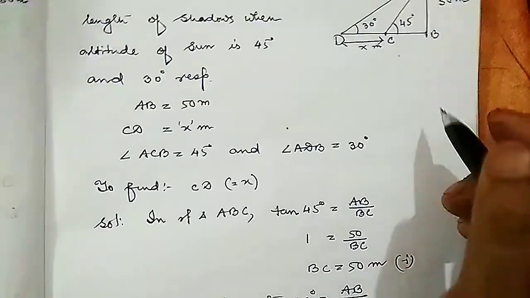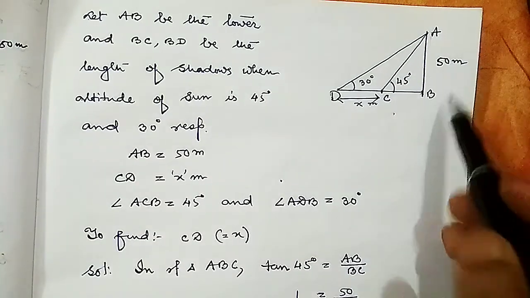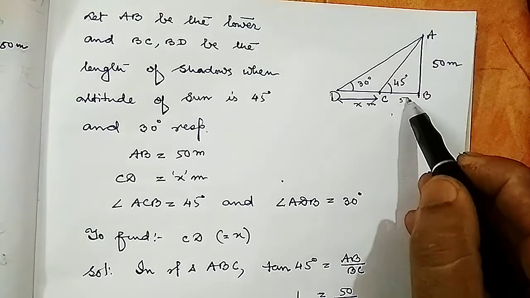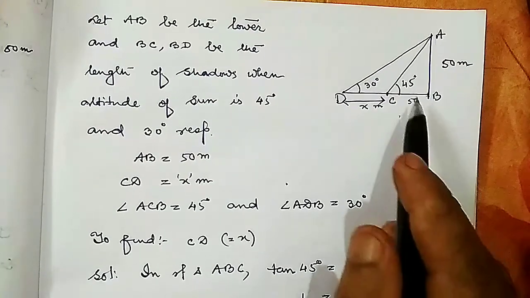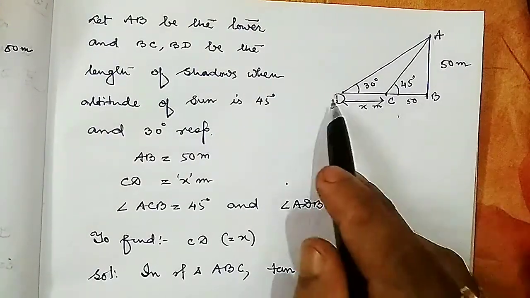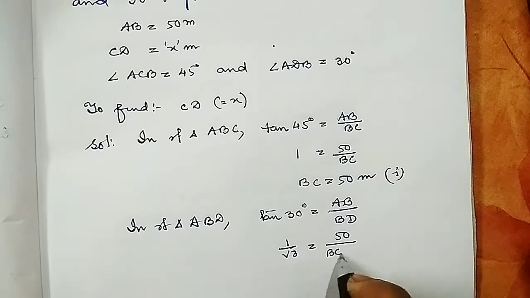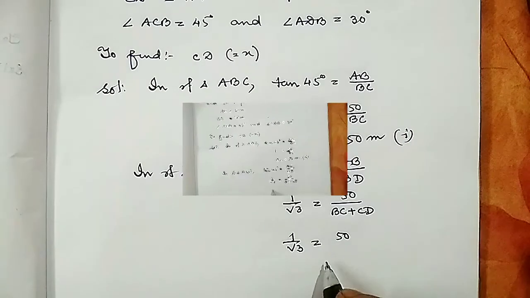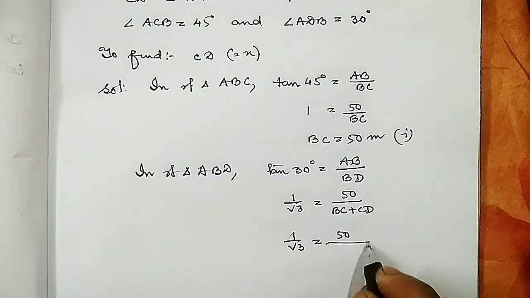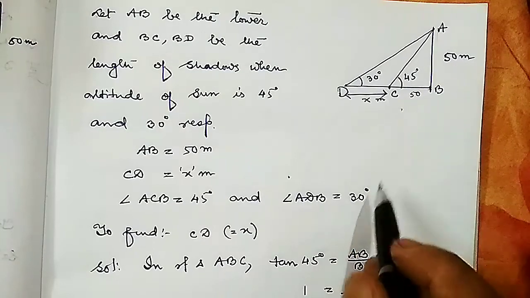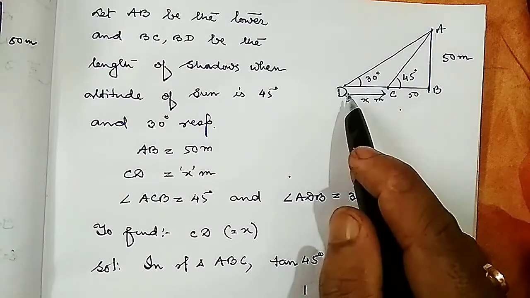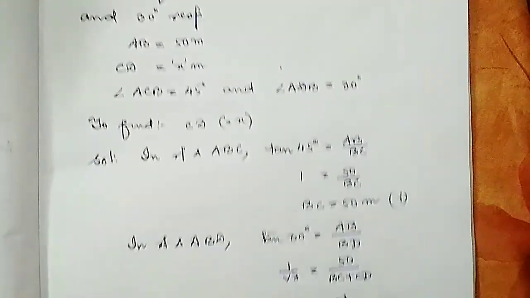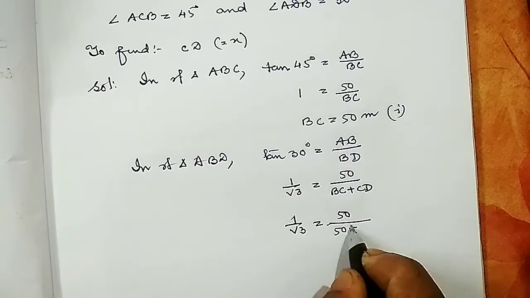AB is how much? Now if you see the figure, AB equals 50, and from the first part we got this is also 50. So instead of AB we can write here 50. Instead of BD we can write BC plus CD. So 1 by root 3 equals 50 by, what is BC? BC we got from the first part, BC is 50 and this part is x. So BD can be written as 50 plus x.